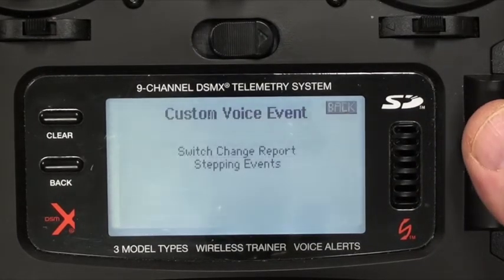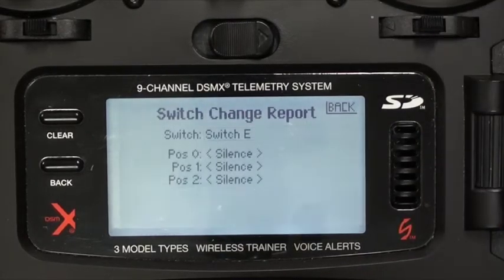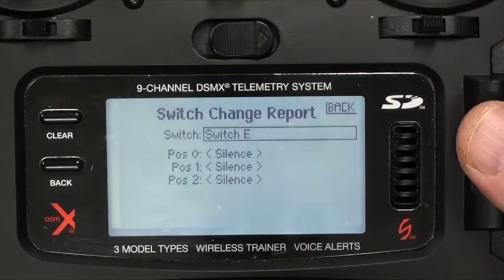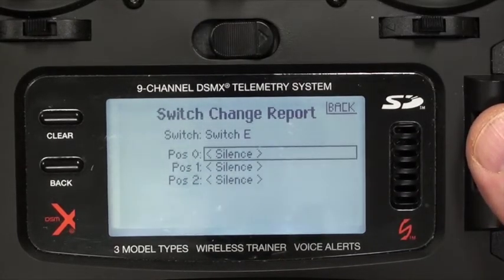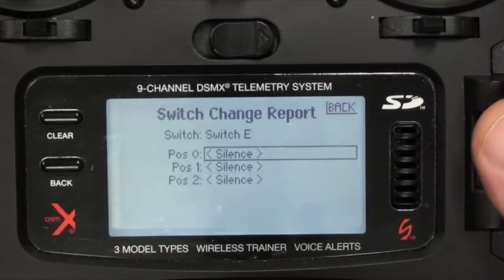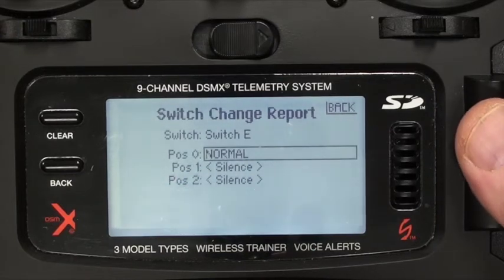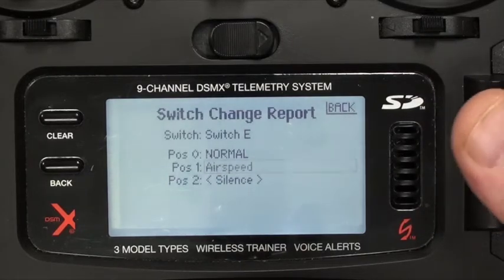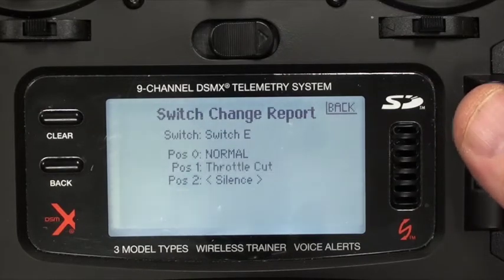So I'm going to add a new sound, change report for switch, I move switch E. Okay, so position 0, oops, wrong one, switch E. So switch E, position 0 is normal mode. Position 1 and 2 are both the same, and that's throttle cut, which is way down here toward the end. There it is, throttle cut.